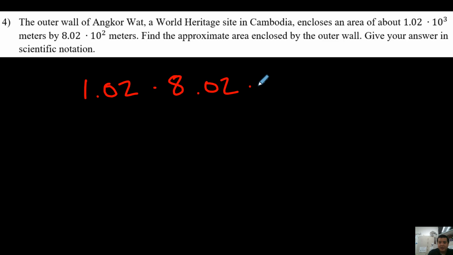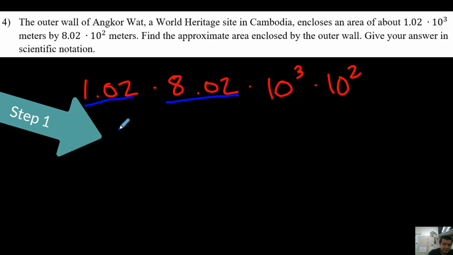And then we're going to multiply the base 10s together. 1.02 times 8.02 is 8.1804.